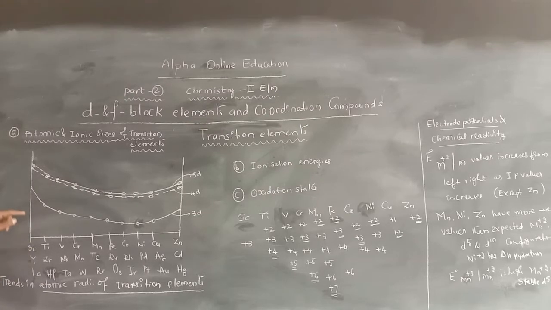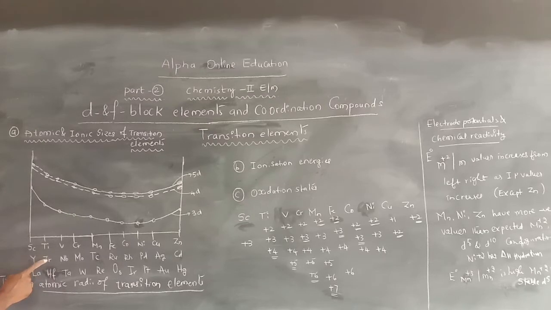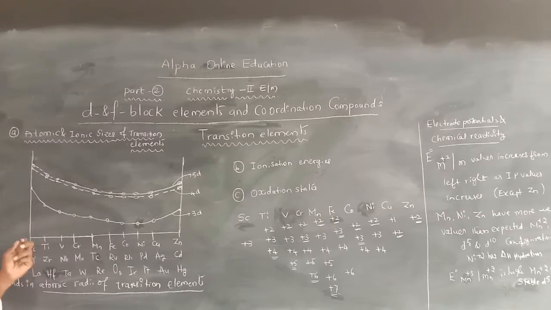Whereas in titanium, zirconium and hafnium, titanium size is somewhat smaller when compared with zirconium, but zirconium and hafnium atomic sizes are almost similar.